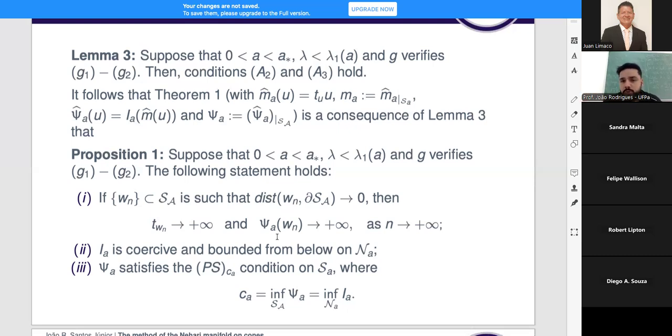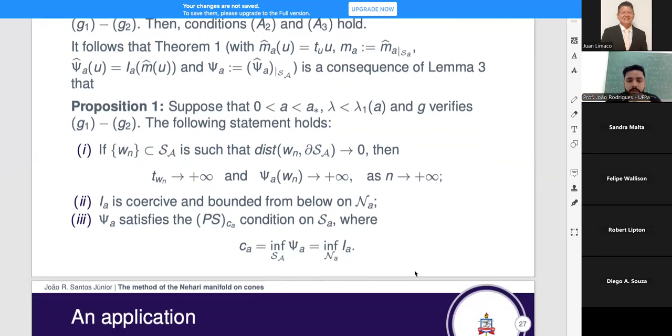This is not possible because for a minimizing sequence, psi applied at each term is bounded. So this first item is just to control the behavior of minimizing sequences near the boundary of the set SA.